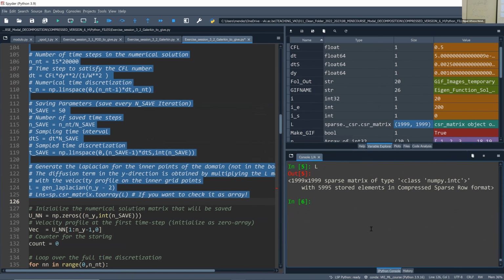You see, it's compressed. There was a way to show it, but I don't remember it. There's a spy function to check where it's different from zero, okay?